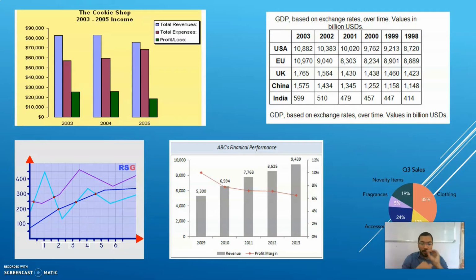This is how we'll write a paragraph. You will be given one particular diagram and on the basis of that you will write. So to explain it further, I will go on with the next slide.